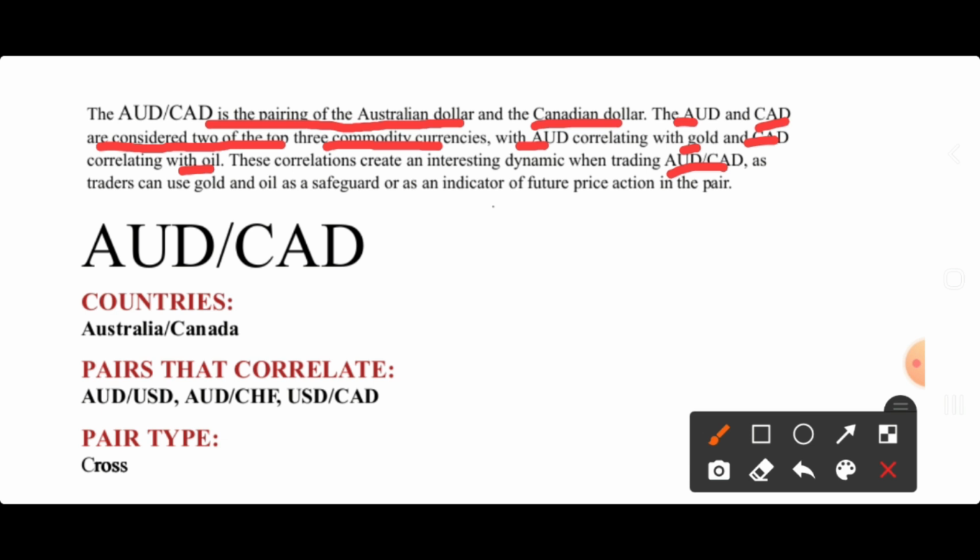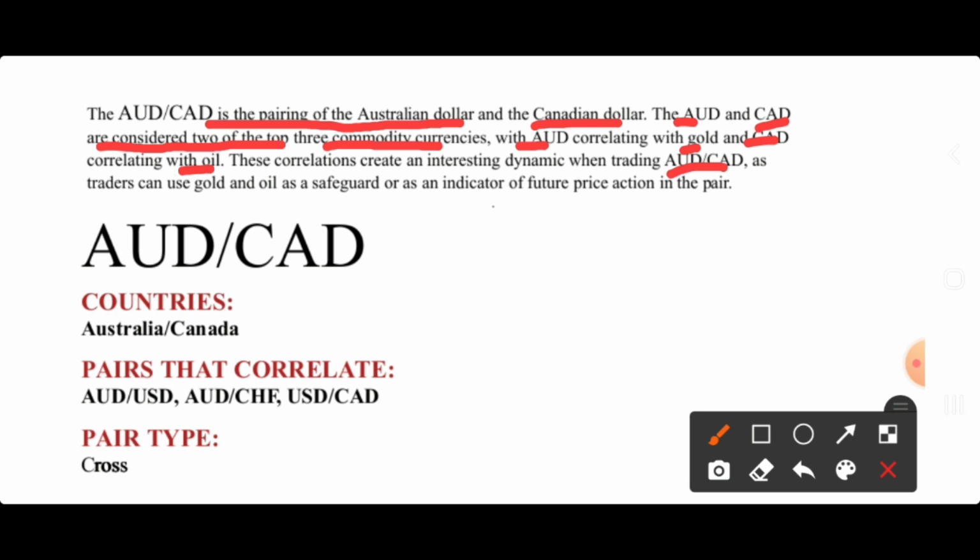Traders can use gold and oil as a safeguard or as an indicator of future price action in these pairs. So when gold has increased in price, we can know that the AUD is also going to rise, whether it is against the dollar or the JPY, it's going to rise.